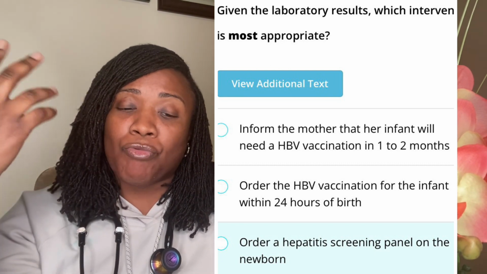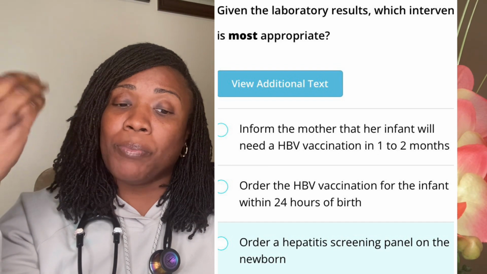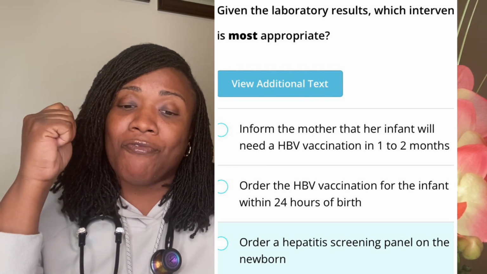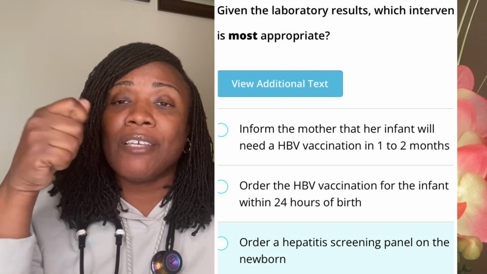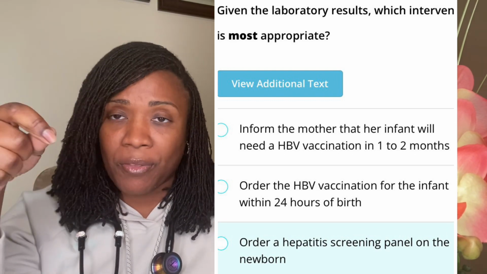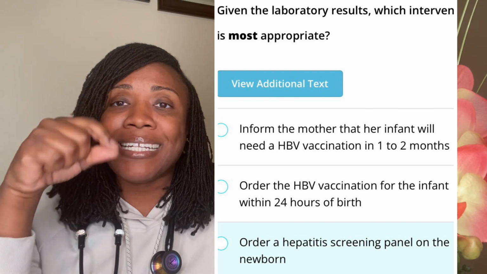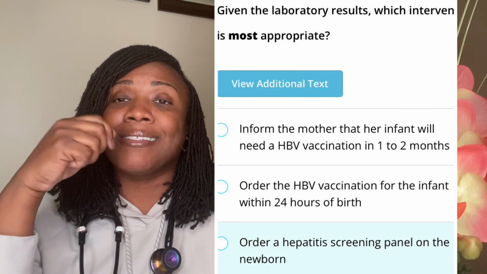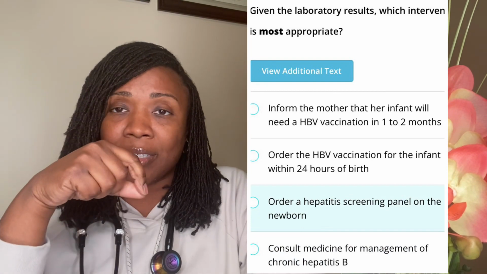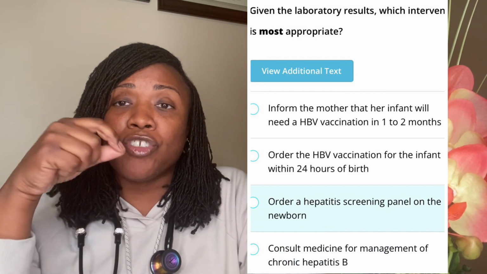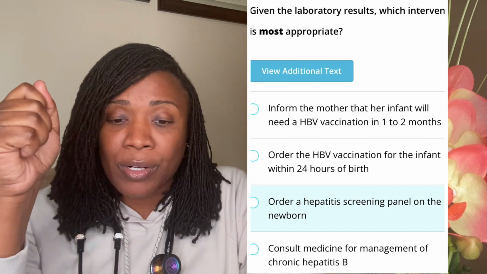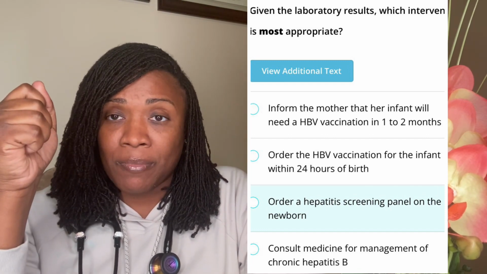Now, the best right answer would be that the baby will need a hepatitis B vaccination within 24 hours of birth. If you don't know that, please write that down. All infants, if their parents are consenting to vaccinations, hepatitis B is usually given within 24 hours of birth.